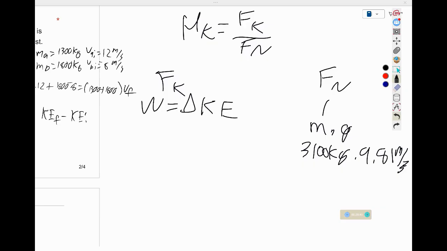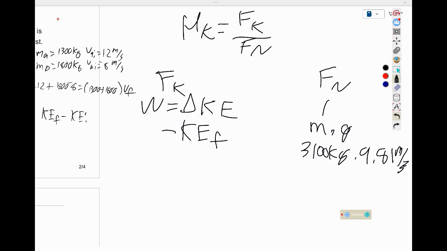We know that it comes to a stop over 12 meters, so the change in kinetic energy is going to be negative whatever our final kinetic energy was. After they have a crash together, they're going to have a certain amount of kinetic energy. That's 1/2 times 3,100 times v sub f squared. We had to figure that out for the last part.